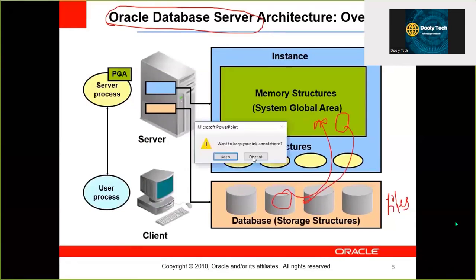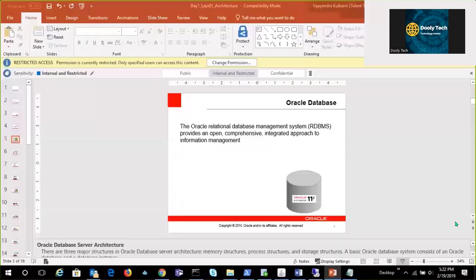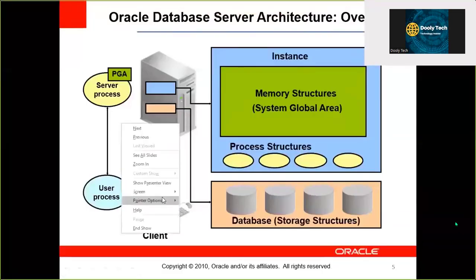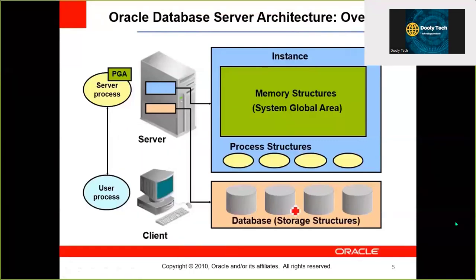So there are two parts in an Oracle database. Let me again go back. One is the database, which is files on storage. Then to access these files, we need the instance. The instance runs on memory, RAM, random access memory or main memory.